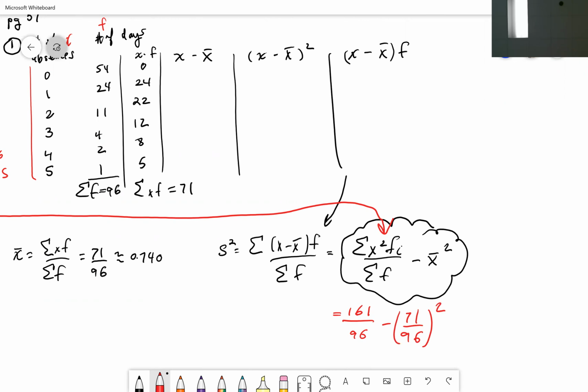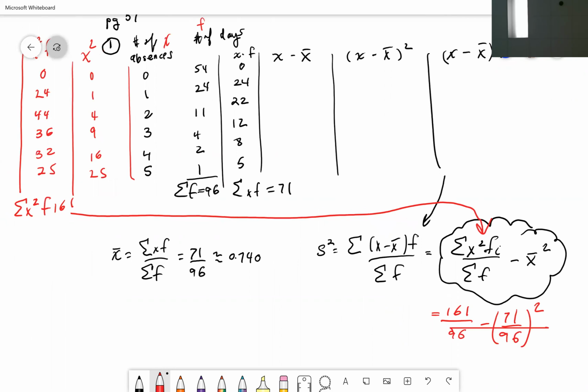So parentheses 161 divided by the sum of f, minus parentheses 71 divided by 96, but now squared. It gives me a fraction, so I'm going to tell it to give me a decimal. So this is approximately 1.13.